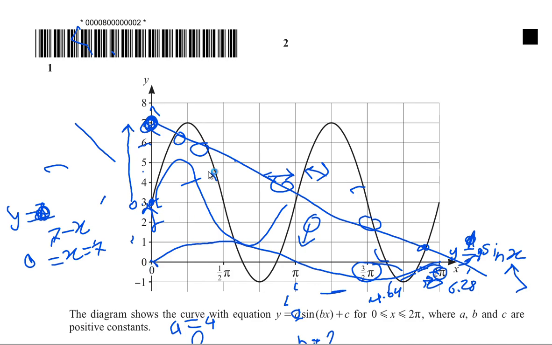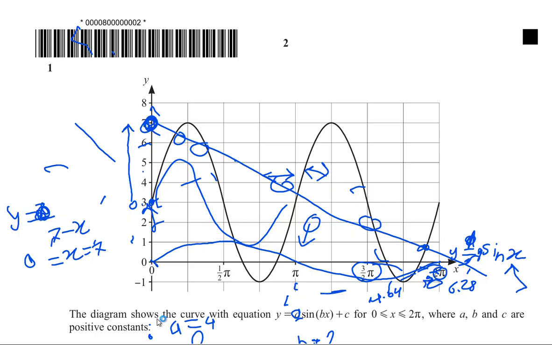So basically it's this line, right? It's minus something, so it should be down somewhere, very downwards. And the gradient is 2 pi, so it's a positive gradient.